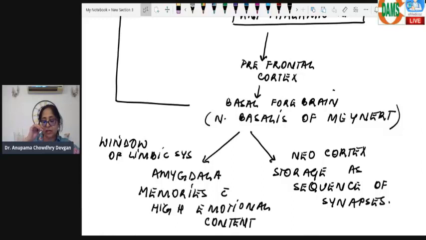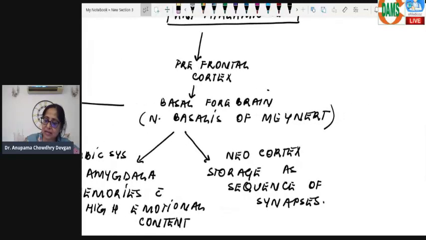This is as far as the Papez circuit is concerned. One small connection which is also present is from the anterior thalamic nuclei.